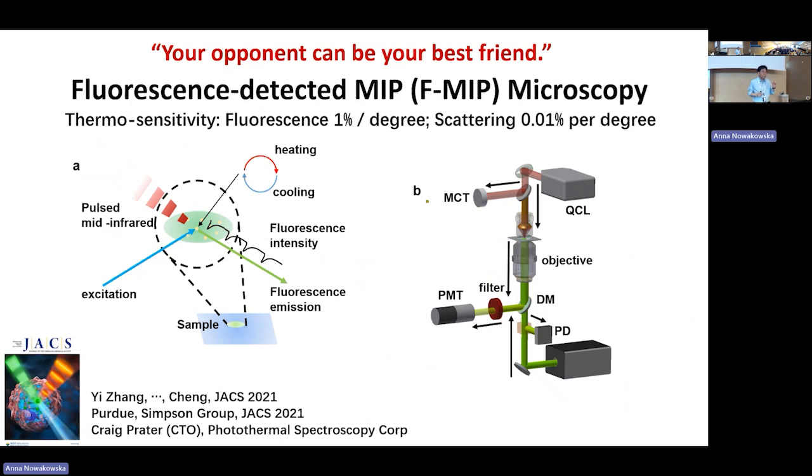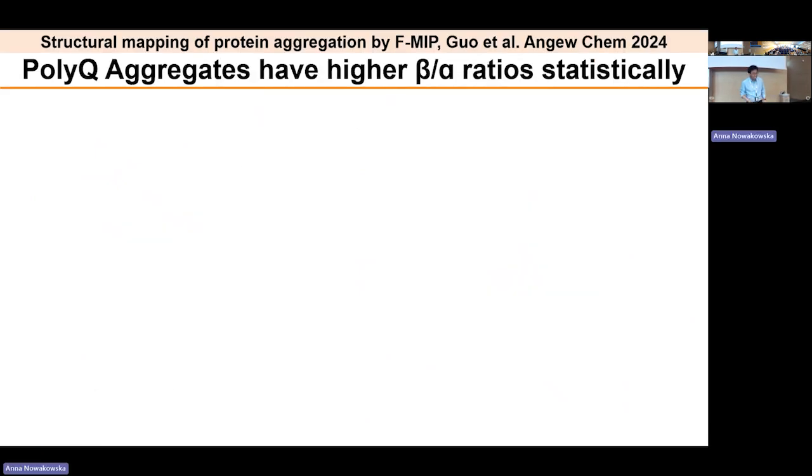Fluorescence is very powerful. It can label every organelle, every structure in a cell. And photothermal spectroscopy can tell the protein structure, can tell the chemical content of an organelle, which is beyond the reach of fluorescence. So I give you two preeminent examples. The first example that we have used is to measure the protein secondary structure in a disease model.